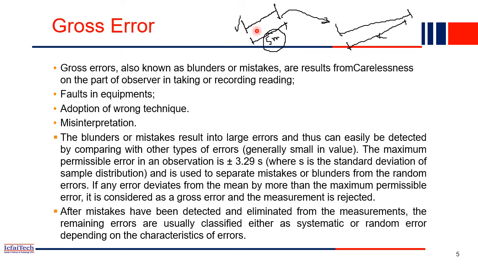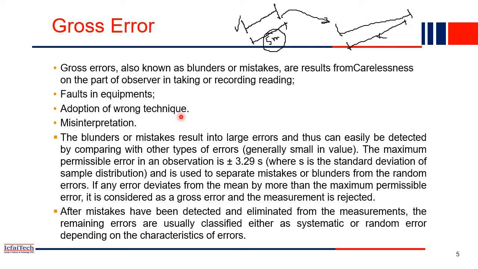With this faulty instrument, if you take the survey, an error will be introduced in every reading. That we call gross error, and it may be a fault in the instrument that causes error in the final measurement.